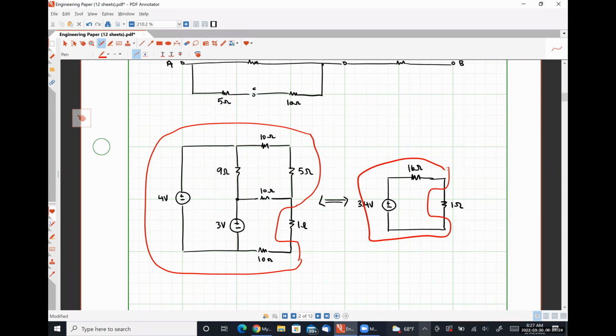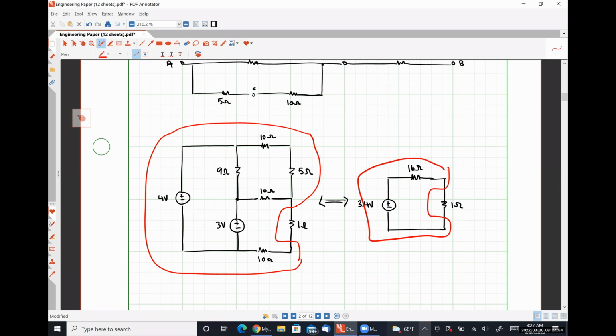Thevenin equivalent circuits really shine when you're analyzing a massive circuit in an application, where instead of saying, oh, well, all of these things work together to do this thing, telling me the power delivered to this particular load resistor, no, you just look at the Thevenin equivalent instead, which you can physically measure rather easily.